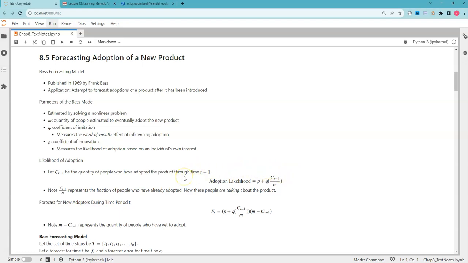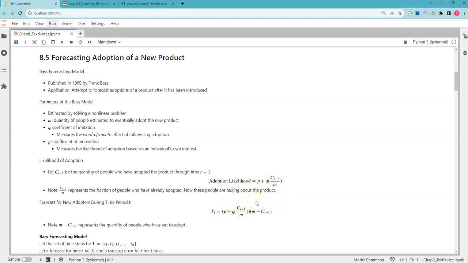We also use this sum in our forecasting expression. It's a forecasting problem, so we'll be looking at independent time steps and trying to predict the amount of adoption at each of these time steps moving forward. On the left-hand side of our adoption expression, we've got a product, and the left-hand item on that product is just this adoption likelihood. You can see this expression is mapped right down in here.